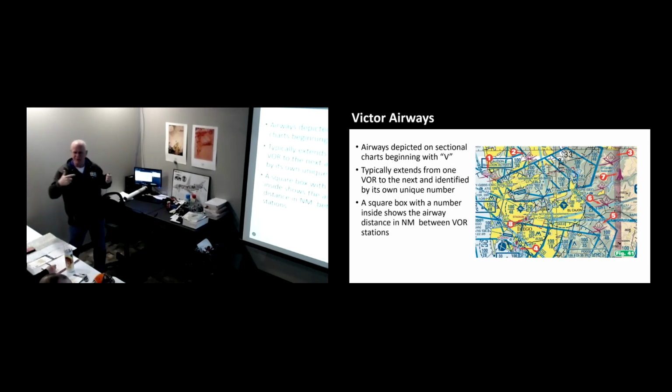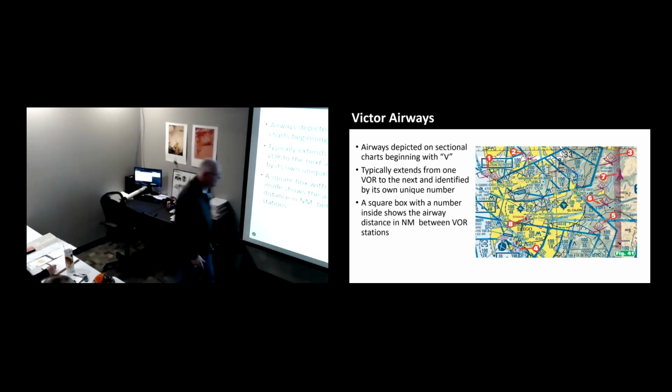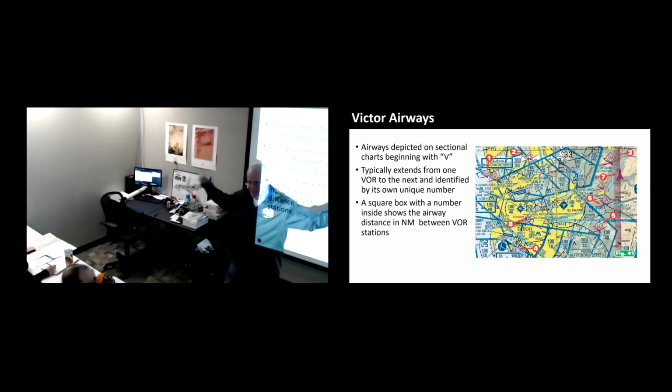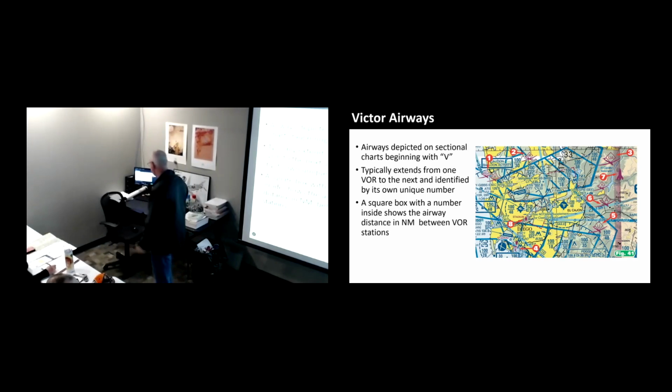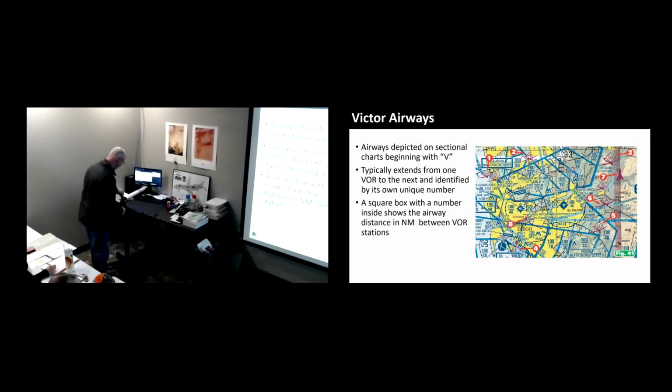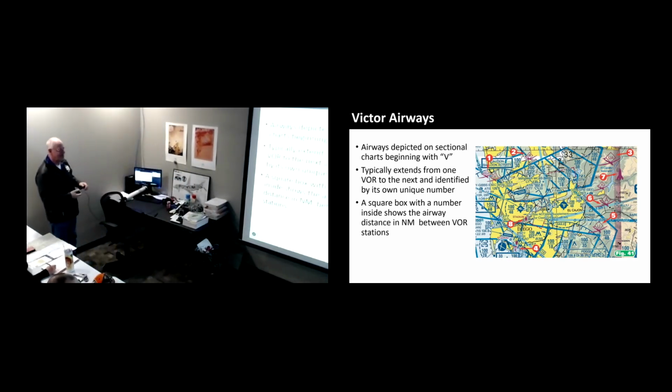So it's just another quick reference to say, hey, I'm on this airway. How far is it from point A to point B? Oh, there's one. I just saw it. How about that? I looked at this thing for an hour this morning. Victor 317 is 16 miles between the two VORs that it's connecting. Okay, that's what we're looking at.